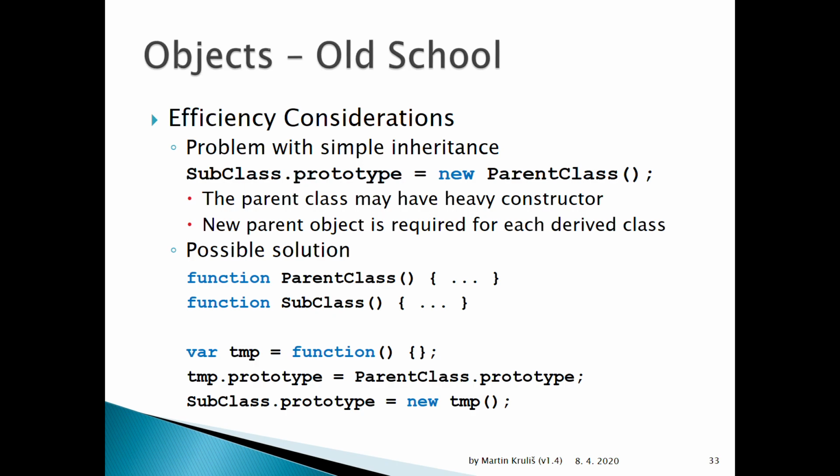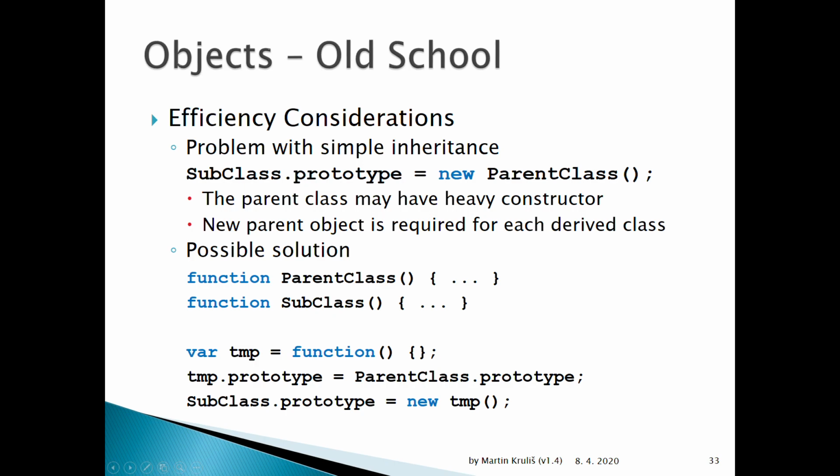Of course, this approach assumes that all the methods are always in the prototype, because if some methods are infused inside the constructor itself, so if we have some privileged methods that need to be created repeatedly every time inside the constructor, then this won't work. Then we have to create a slightly different version of this temporary constructor.